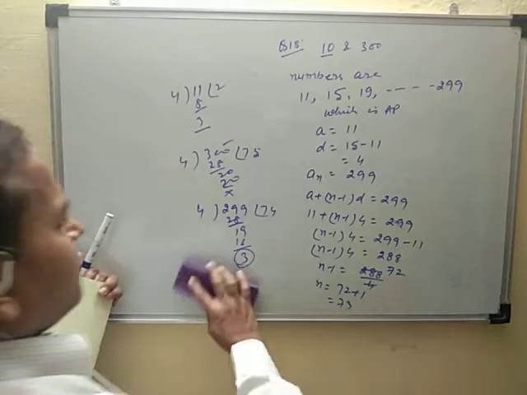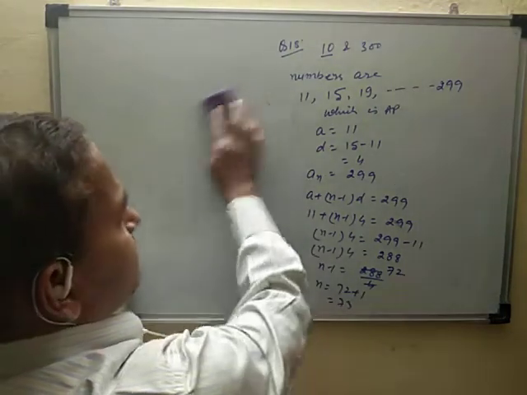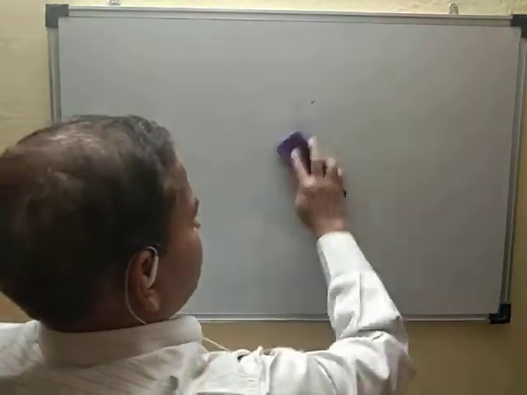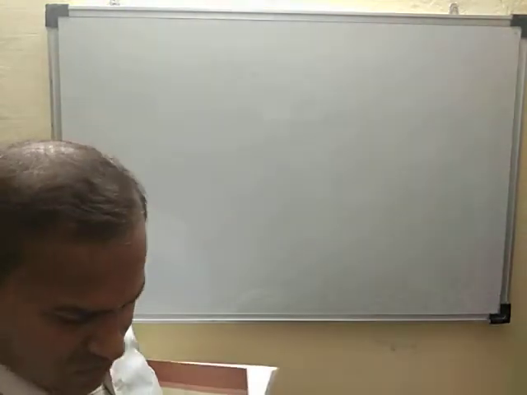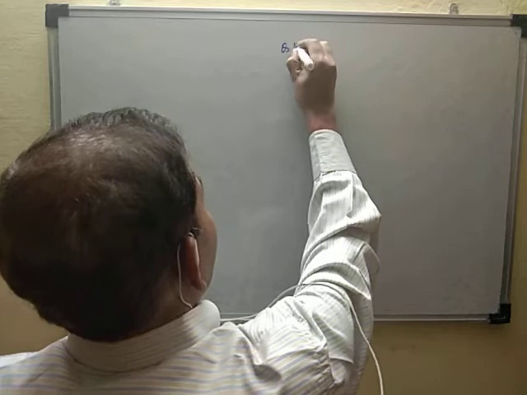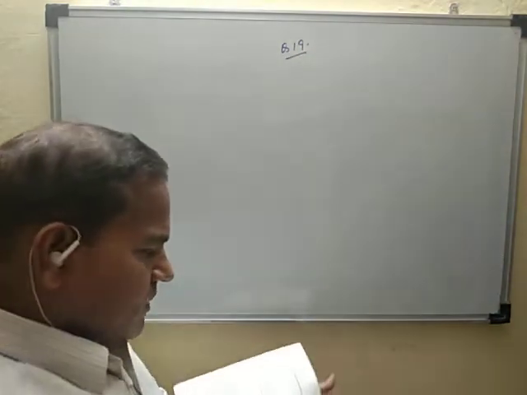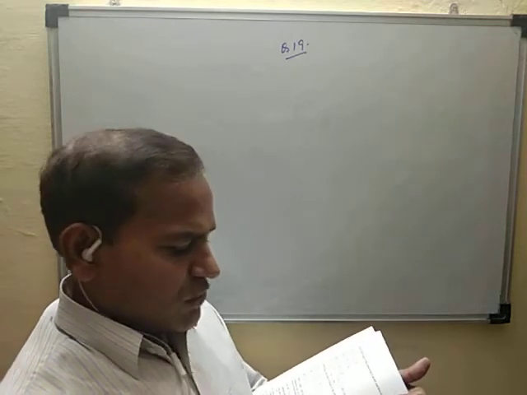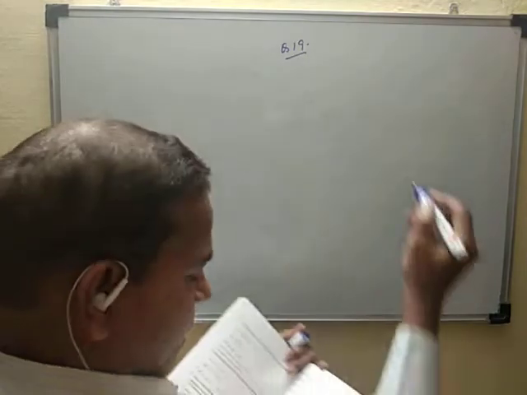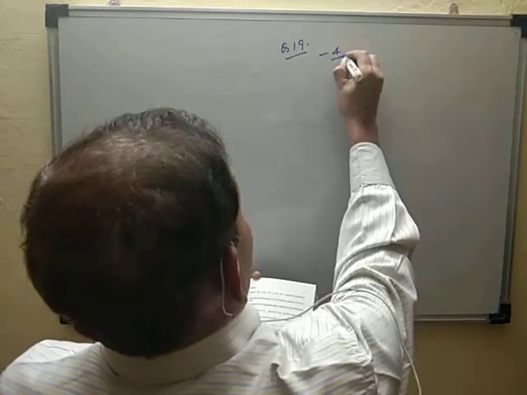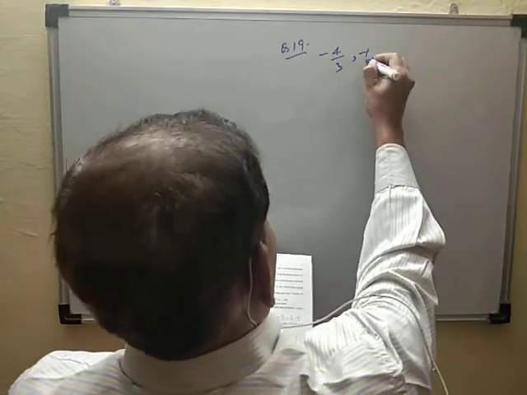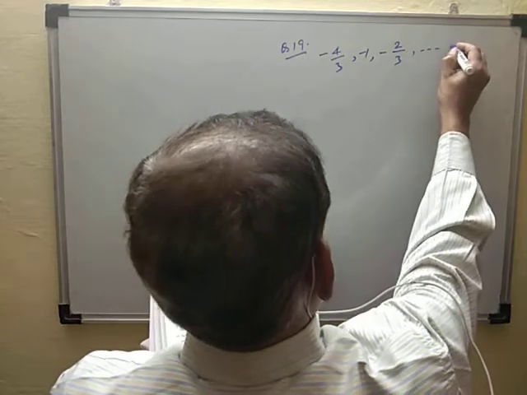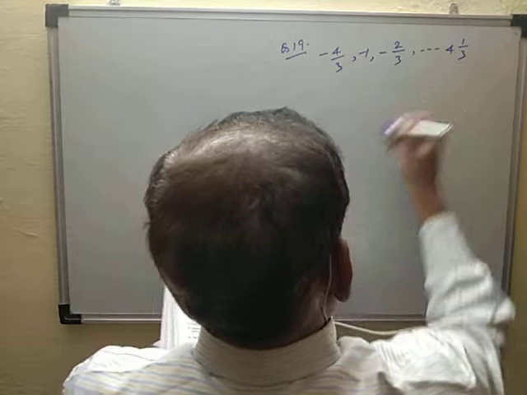Now question number 19. Find the sum of two middlemost terms. An AP is given: minus 4 by 3, minus 1, minus 2 by 3, and so on, up to 4 whole 1 by 3.